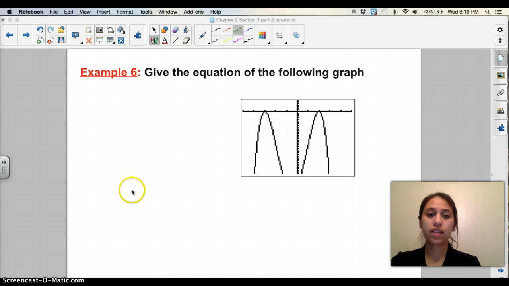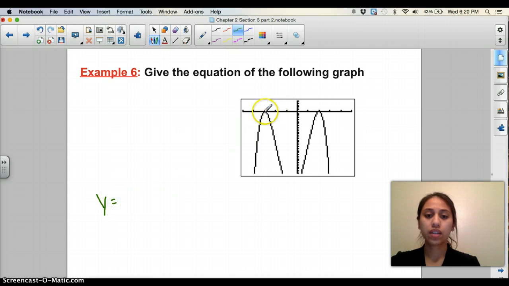Okay, this is our last example, and we're writing an equation for a graph again. So we can start with y equals. Notice the x-intercept is negative 3, and here it's 2. So we'd have x plus 3 and x minus 2. Now they don't cross the x-axis, neither of them do.